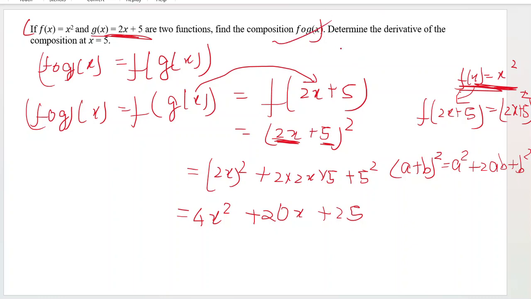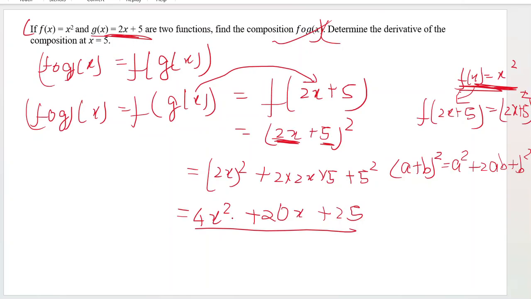To solve the second part, we have to determine the derivative of the composition at x is equal to 5. Now we have to basically find the derivative of this function. Now this is very easy. The derivative of 4x square plus 20x plus 25 is pretty easy to find.